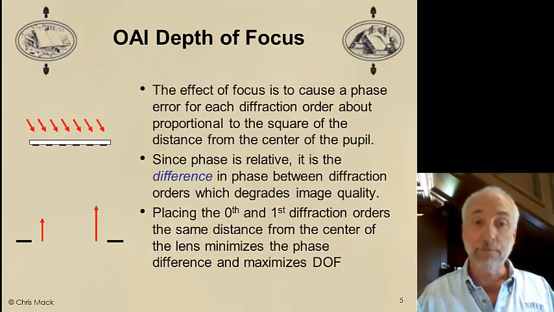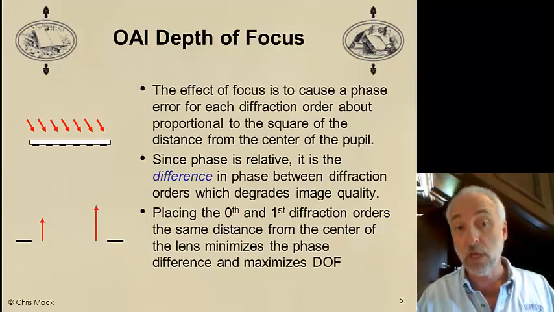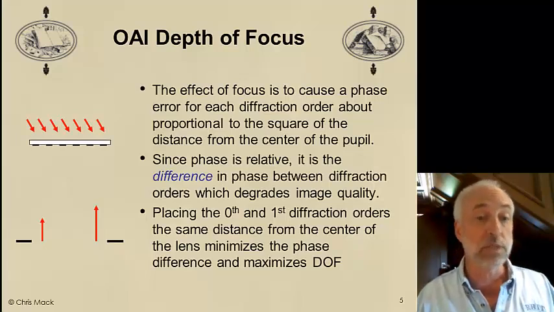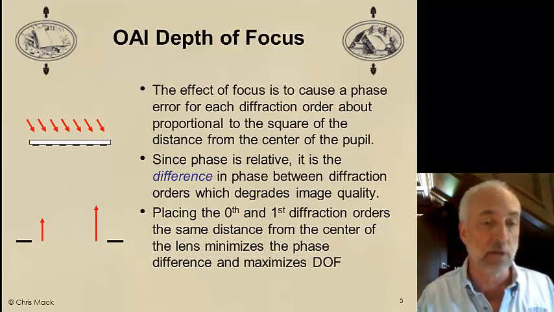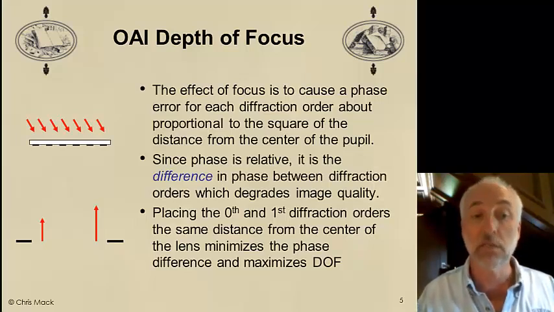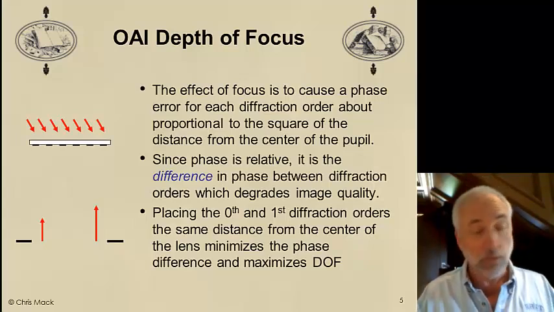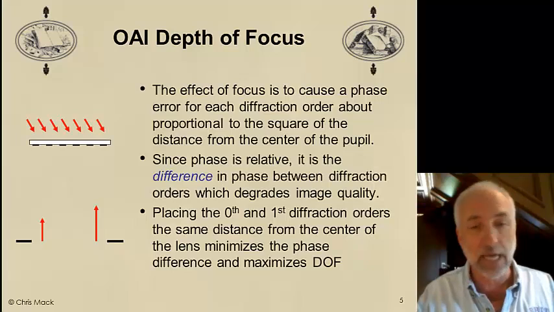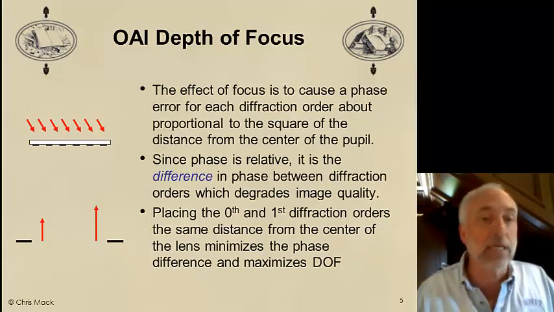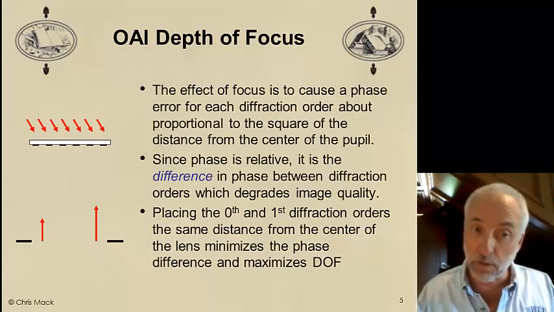If the phase is a function of the distance from the center of the lens, putting them in those positions means I get the same phase error for the zero order as I do for the first order. If I have the same phase error, I have no phase difference. Without a phase difference, I will not get any degradation due to being out of focus. Ideally, I can actually achieve infinite depth of focus with this arrangement.